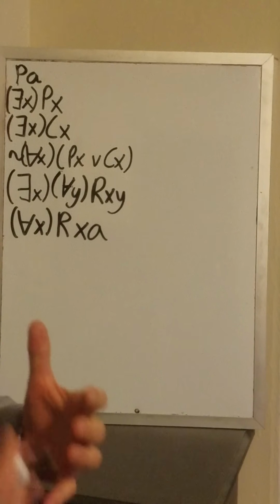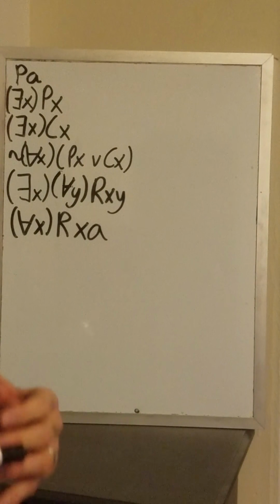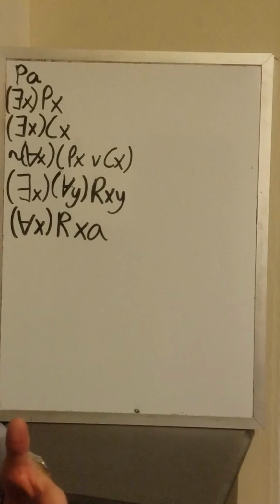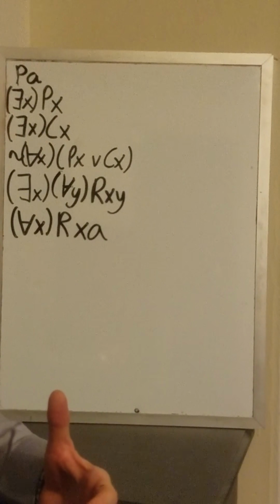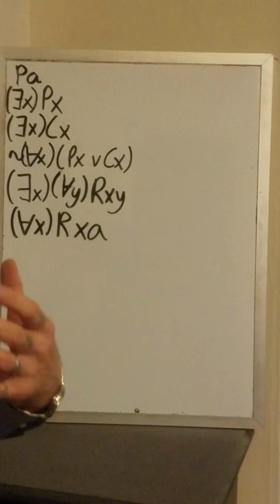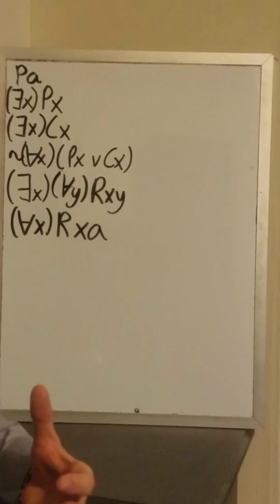It'll also help me demonstrate how to build an interpretation graphically, which I think is a really good tool for organizing your thinking about interpretations. So I like to draw a picture of my interpretation as I build it.